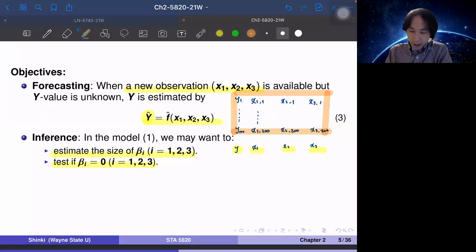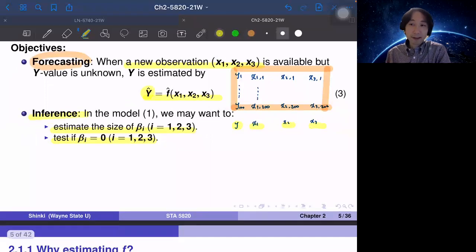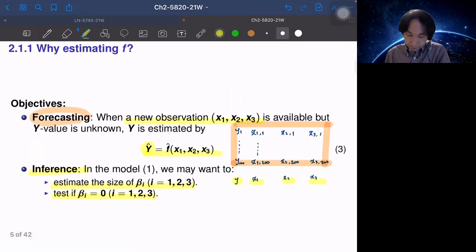The machine learning focuses more on forecasting, but traditionally statistics deals with inference more. Or, for example, the economists would like to know more about testing beta i or estimating beta i. You can stop me at any time if you have questions.